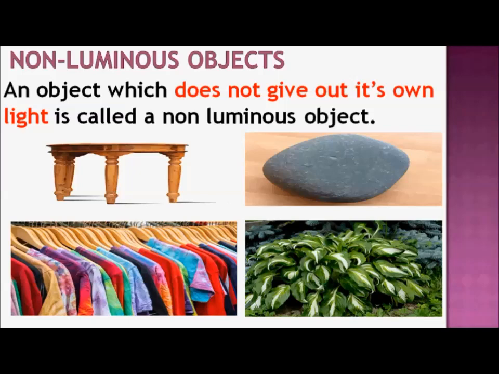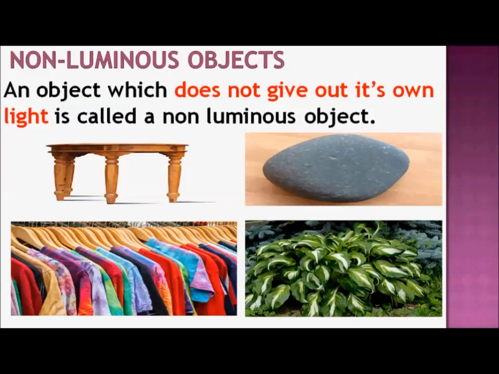Okay. Next, many children will have a doubt: is the moon a luminous or a non-luminous object? Exactly, the moon is a non-luminous object which does not have its own light. But how can we see the moon? We can see the moon because it reflects sunlight into our eyes.